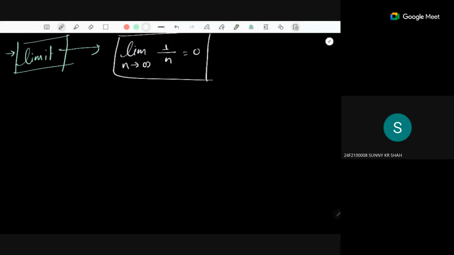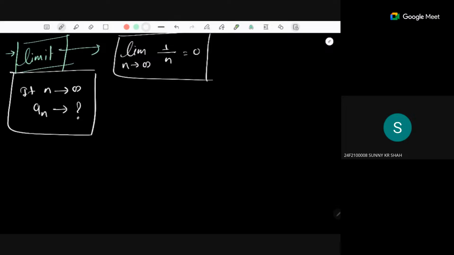If n goes to infinity, where do the terms a_n go? This is the basic question we need to answer when we talk about the limit of a sequence: if n is moving to infinity, where is the term a_n going? This is the thing we need to judge.